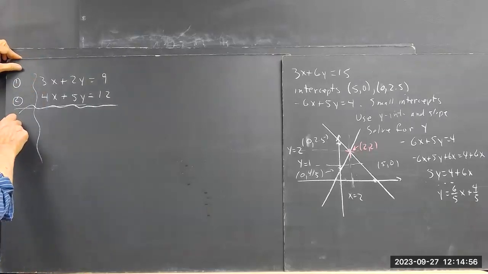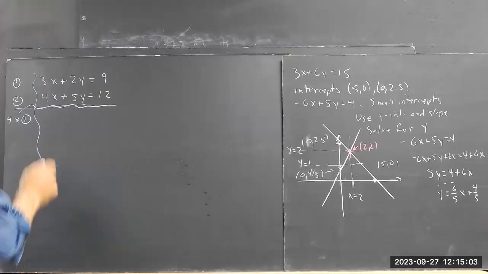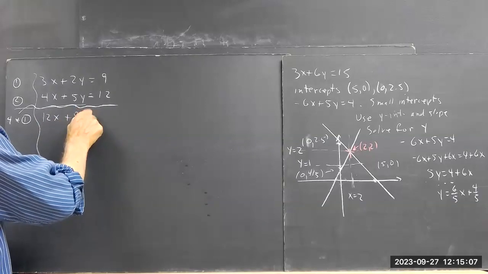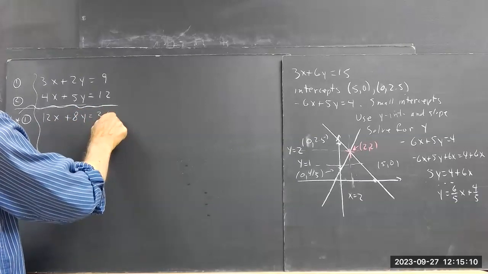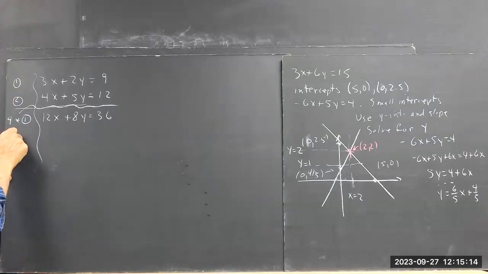So the first equation, multiply this first equation by 4, I'm going to get 12x plus 8y equals 36. Second equation, I'm going to multiply by negative 3.